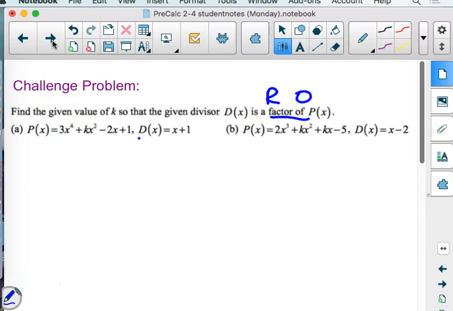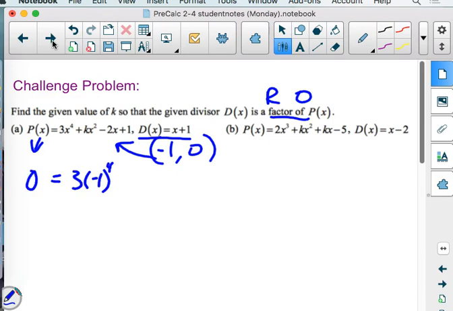So if d of x equals x plus 1, that means what I'm really doing is I'm looking at my 0 of negative 1. So that means if I put negative 1 into this, I'm supposed to get 0. Well, then that would mean this is 0. And everywhere I see an x is negative 1.